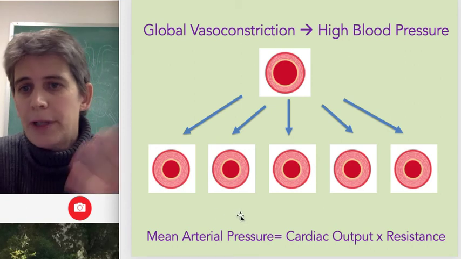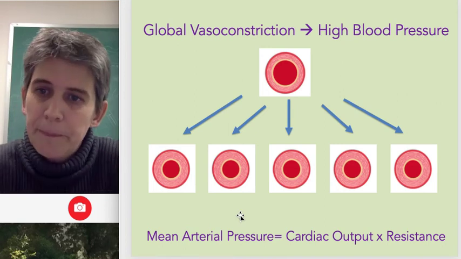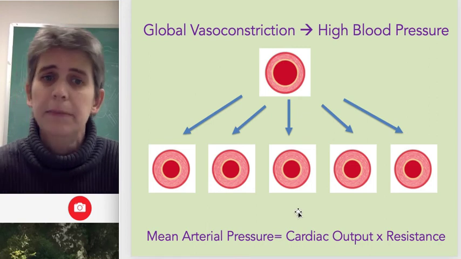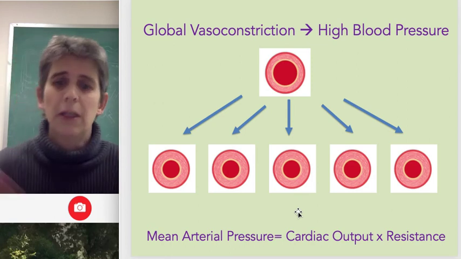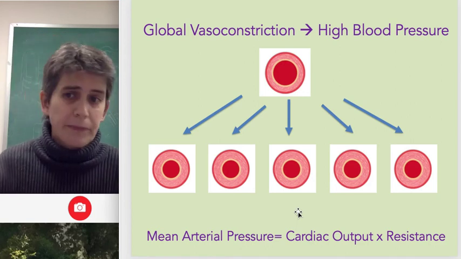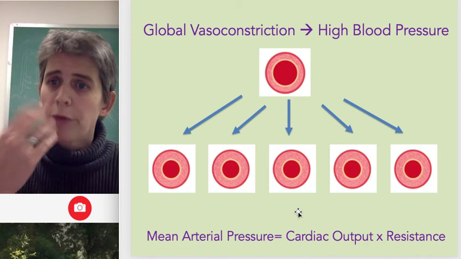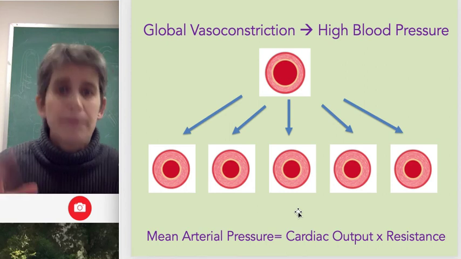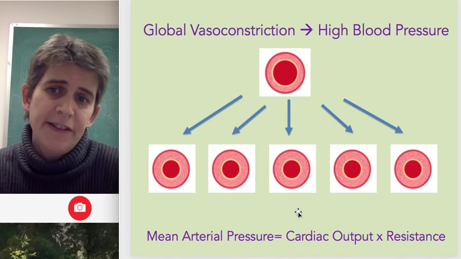Well, blood pressure is only determined by two things: the amount of blood that's coming out of your heart, and then the resistance to that blood flow once it's out. So the amount of blood coming out of your heart per unit time is the cardiac output. And then by changing the resistance, just by changing the amount of total vasoconstriction out there, we can change the blood pressure. So if you're dehydrated, you don't have much blood volume, maybe you haven't had much chance to drink water today, maybe you've been losing water through talking or donating blood or sweating, then your blood volume is down, and one tool to maintain your blood pressure, keep you from collapsing into a heap on the floor, is this vasoconstriction.